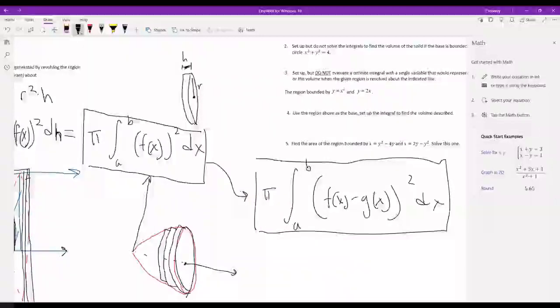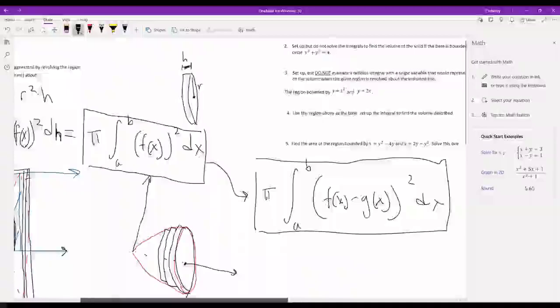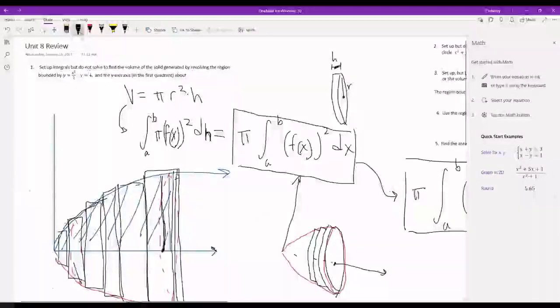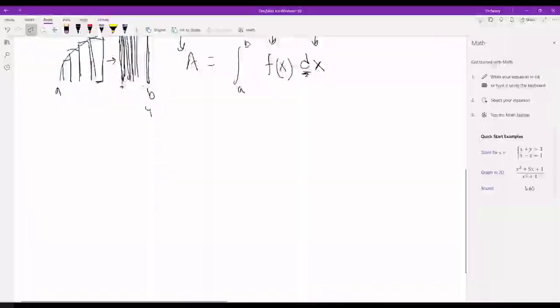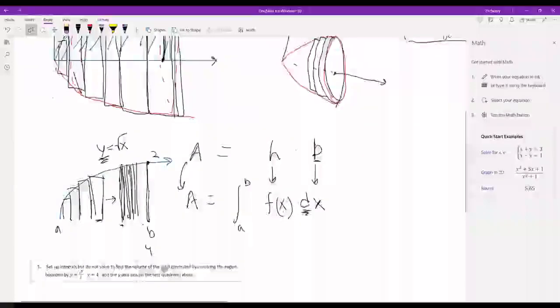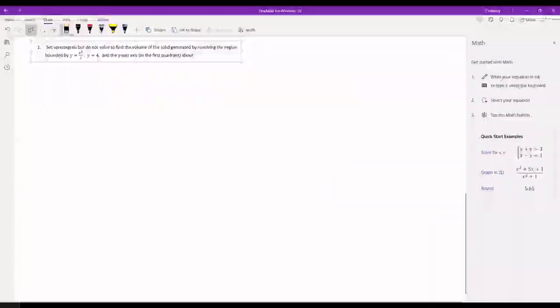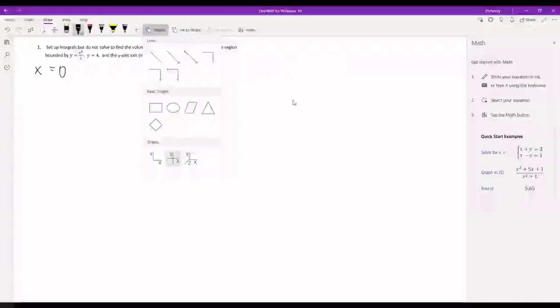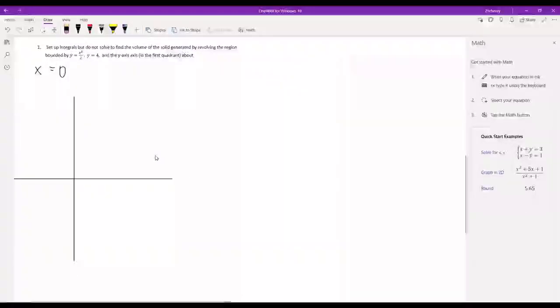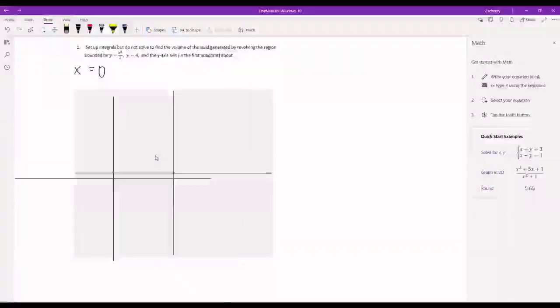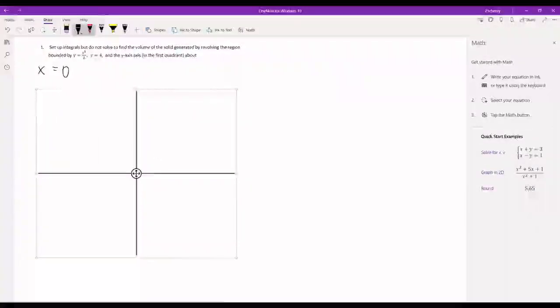So now let's do number 1 with that information. The first one is about the line x equals 0. So let's draw our picture. I'm going to use this because I can't draw straight lines. So y equals x cubed over 2.